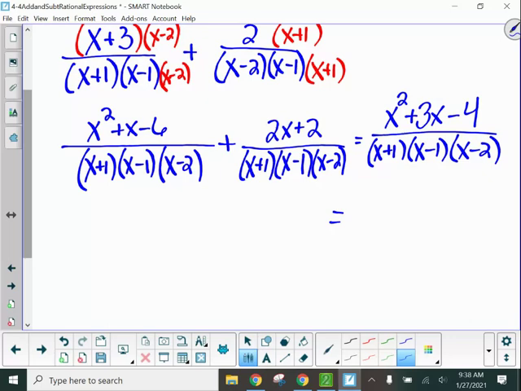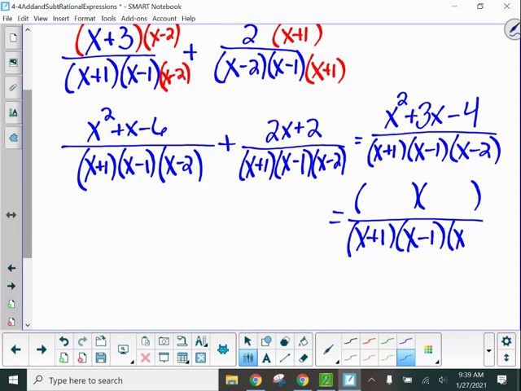X squared plus 3x minus 4, that factors. X squared is going to factor into x and x. Factors of negative 4 that add to make positive 3 are going to be negative 1 and positive 4.